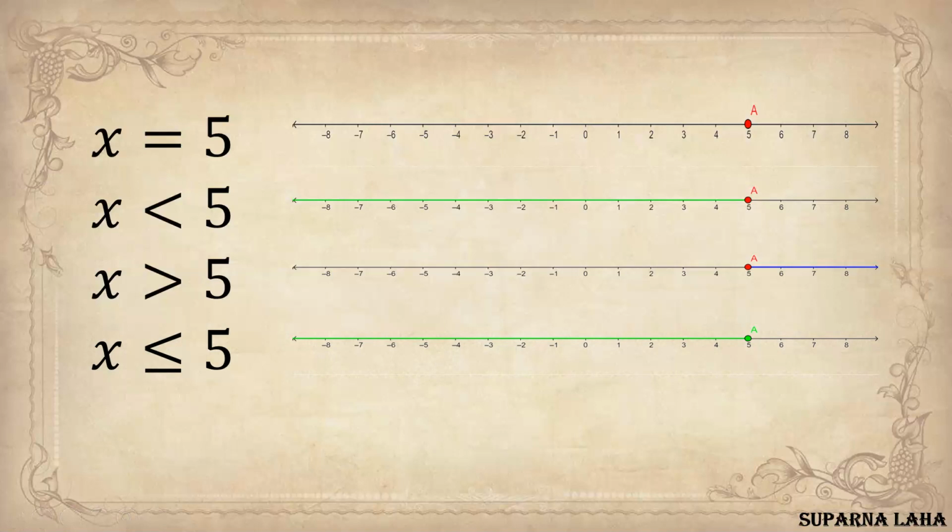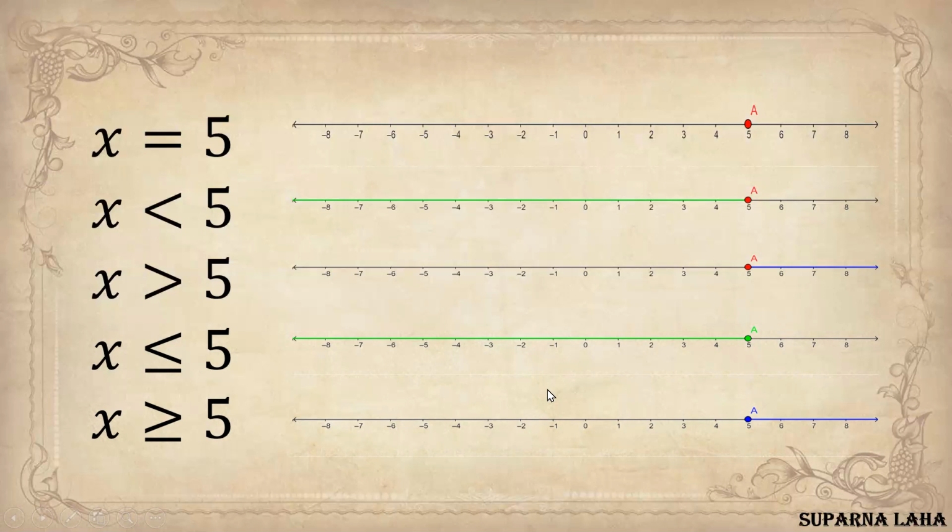Similarly, if we talk about x greater than or equal to 5, that means maybe the value of x is 5 or bigger than 5. Same as x less than or equal to 5, just the right side of 5, the bigger values from 5, will be the solution set of this inequality. All the real numbers represented by x are bigger than 5 or maybe equal to 5.